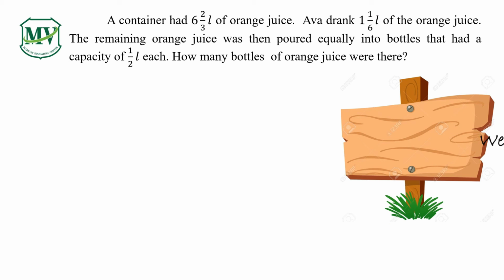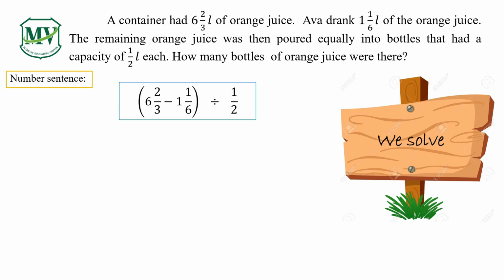The third part is we solve. First, formulate the number sentence or the equation based on the given problem. We have the quantity of 6 and 2/3 minus 1 and 1/6, divided by 1/2. Following the order of operations, solve first the part within the brackets.